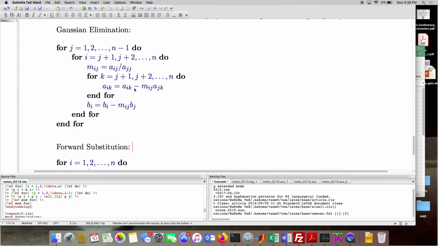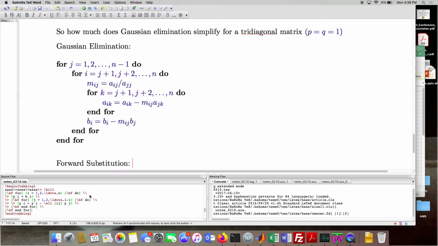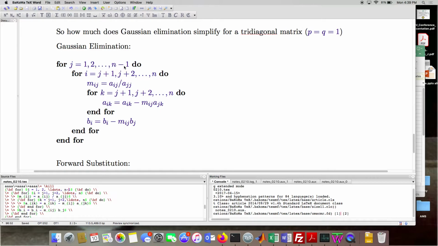So this is for the case of a general n by n matrix where any entry can be non-zero. Now we'll take into account the bandwidth. First, for Gauss elimination, we are still going to look at every column, so this outermost loop is not going to change.